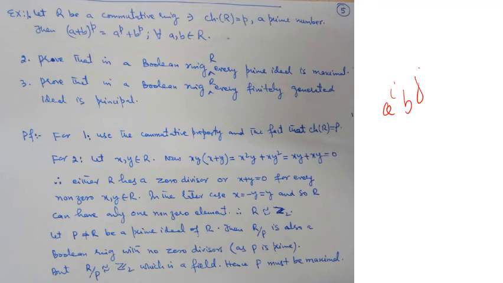So you will be using the commutative property of the ring R. For example, you want to take one b here, so you can write this as a^i b b^(j minus 1), then b can come this side, so b a^i b^(j minus 1), like this.